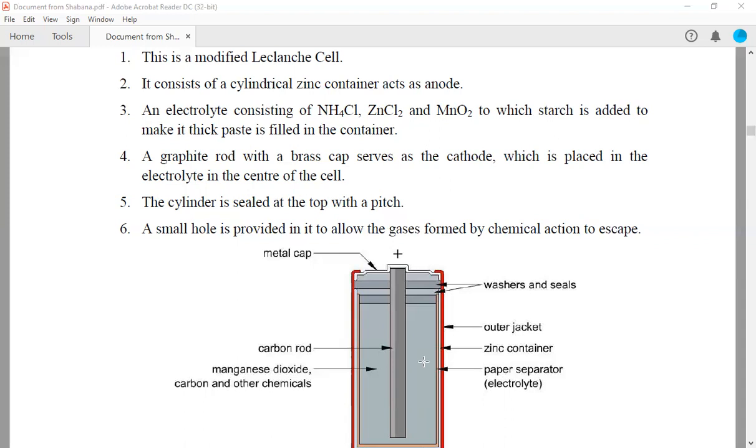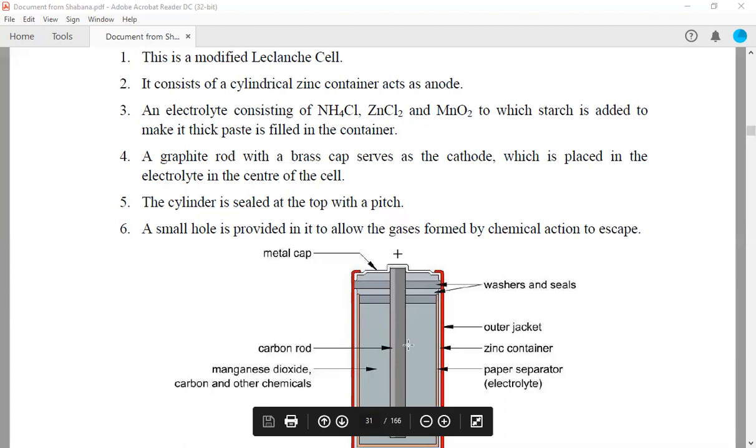And coming to the cathode, it is a graphite rod present inside the cell. It serves as a cathode, which is immersed in the center of the cell. So this is about the construction.